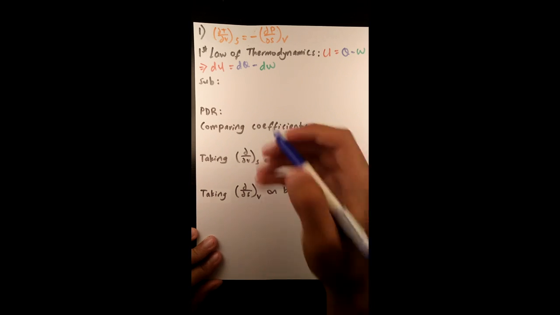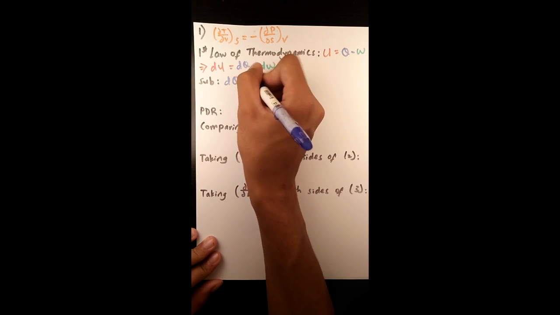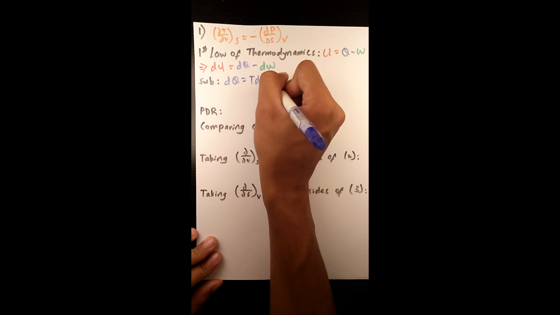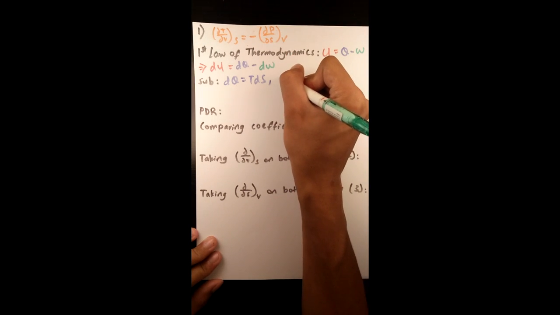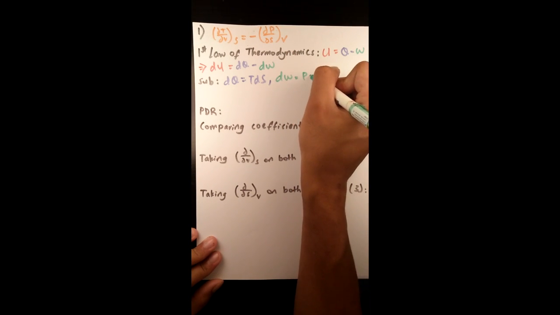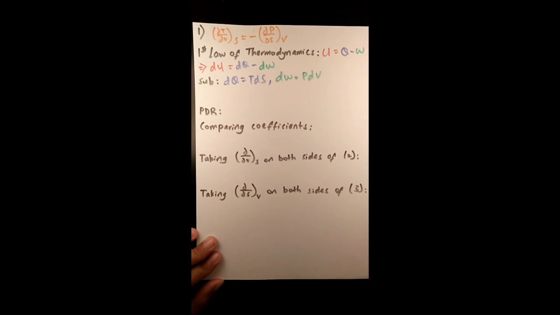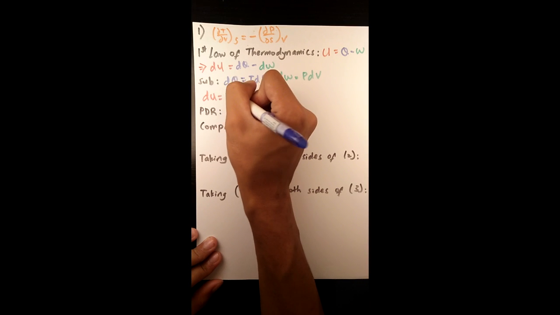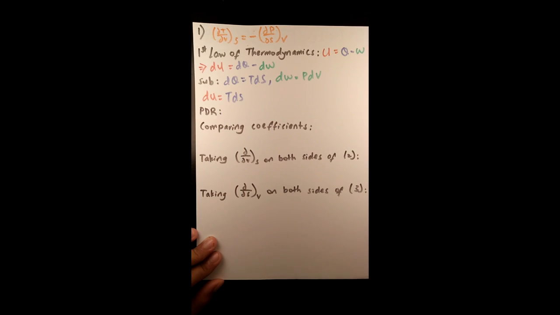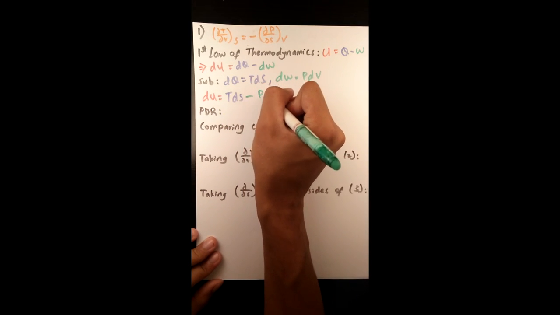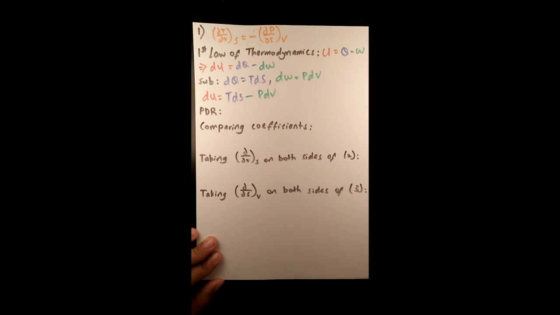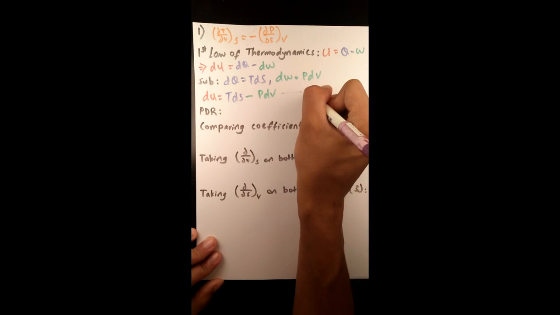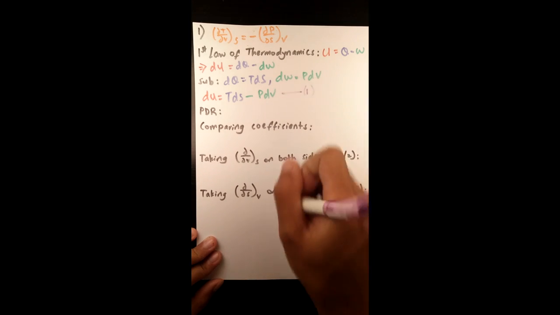If we substitute dQ equals TdS and dW equals PdV, we get the relation dU equals TdS minus PdV, which we will label as equation 1 and will be used for the derivation of the other 3 equations.